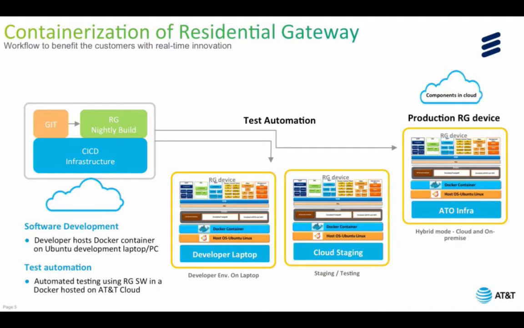So in this example, a developer is working on the RG software on his laptop, and then he can move it into the cloud and do the requisite testing and regressions that are needed to validate that it works and it performs well. And then you can move it on to the next step, where you actually push it out to the many locations, thousands of locations. This process is enabled by, and what we've been exploring is, the use of containers to create that real portability out to the edge.